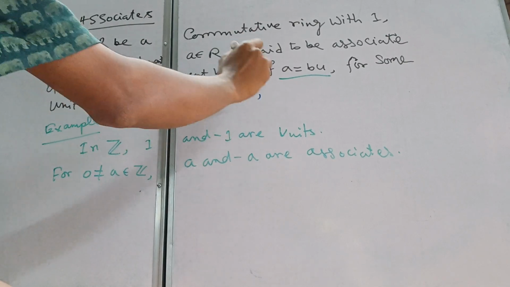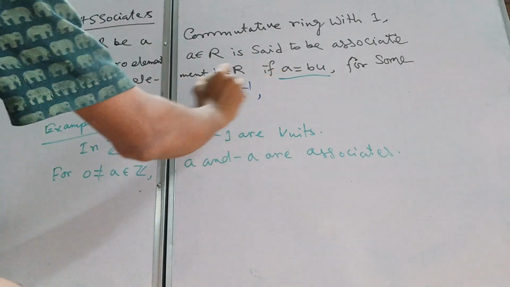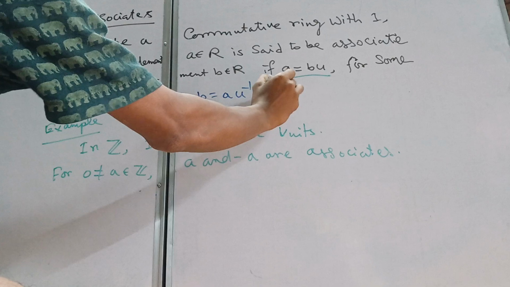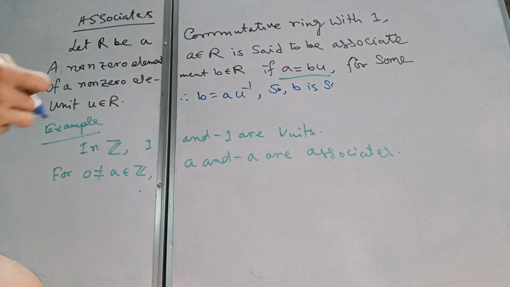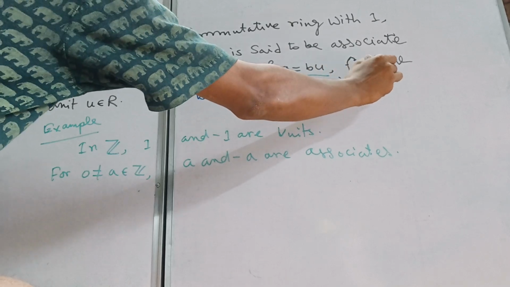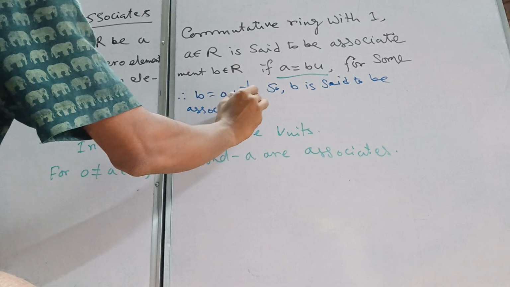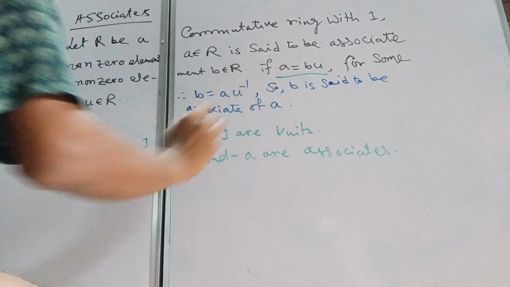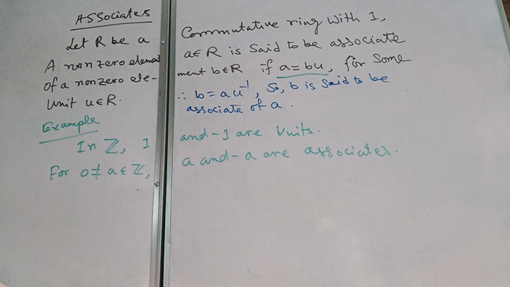U is a unit, that means U inverse exists, so B is said to be an associate of A. U inverse also exists and U inverse belongs to R.